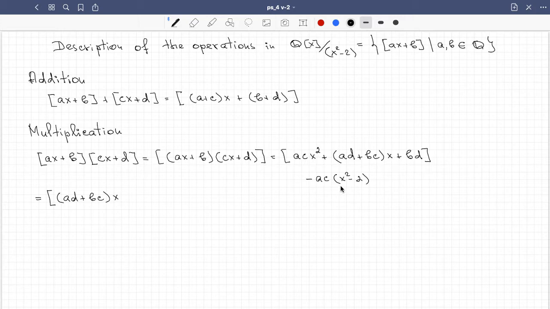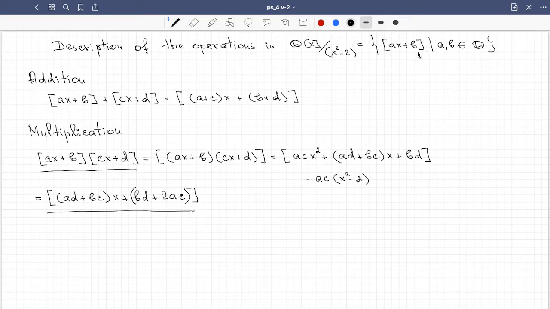The ac x squared cancels, and this bd stayed in its place, and we got an extra 2ac. So bd plus 2ac appears here. We are done. So this is the description of multiplication. The product of these two classes is equal to the class of this polynomial.